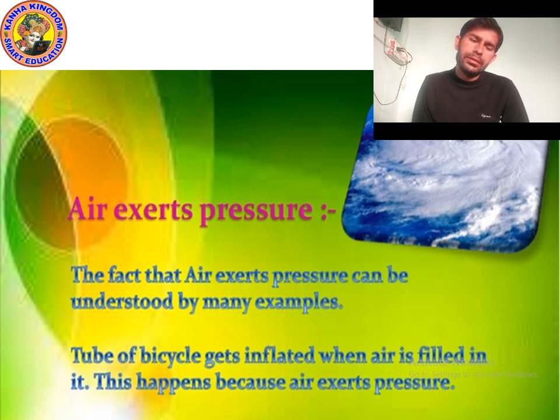There are many examples. Because of air, our clothes dry. Even when sunlight is not present, our clothes dry because of air. So air helps in many ways. I hope you understood about it.